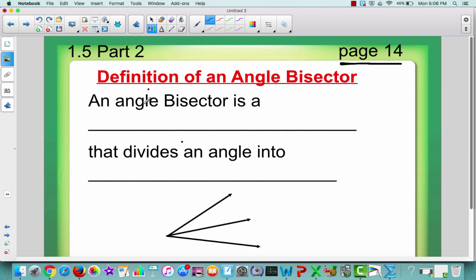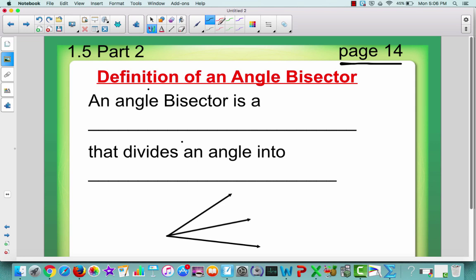All right, so let's talk about an angle bisector. We have talked about that word bisector, and a bisector cuts something into two equal parts. So an angle bisector is something that's going to divide an angle into two equal parts.